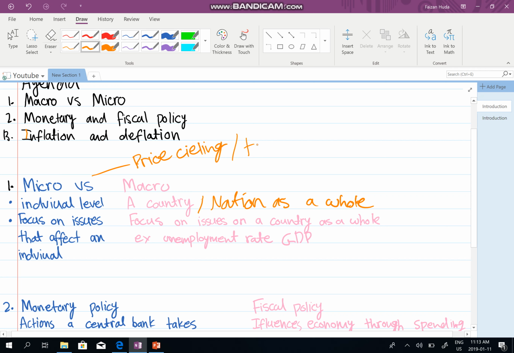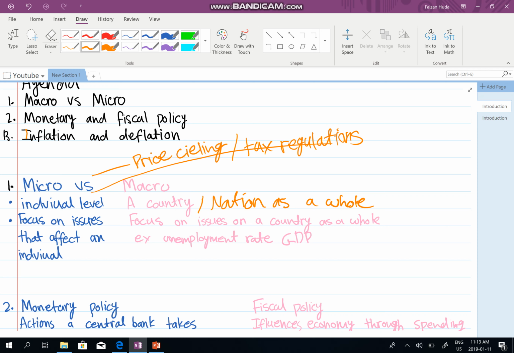For example, tax regulations on a business. All of these problems and regulations are at a micro level, which means they affect the company as an individual.